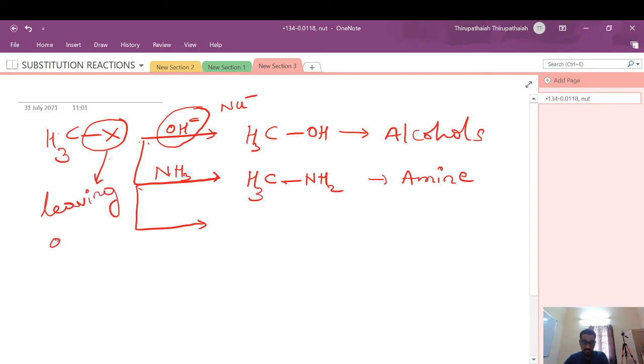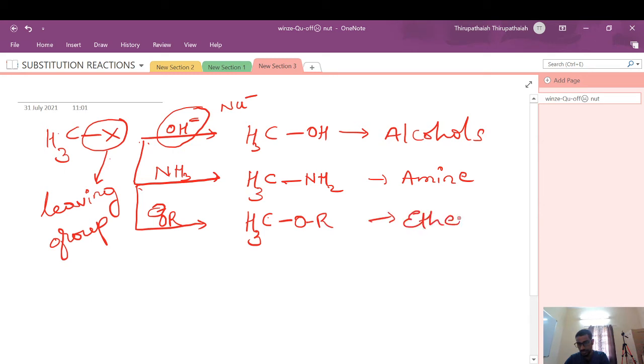And the nucleophile, in this case, can be OH minus, NH3 or OR minus. This is called ether preparation, CH3OR, ethers. So substitution reactions are used for preparing many types of products.